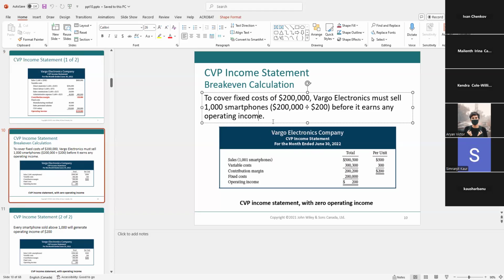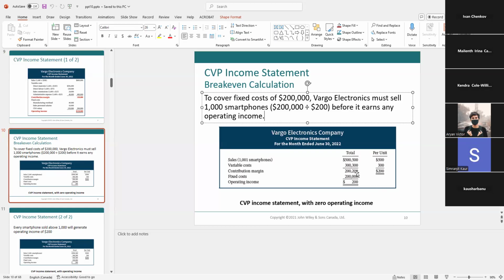In this case, that's very easy to calculate because we need to generate 200,000 to match the fixed cost divided by $200 per contribution margin we generated from one unit. That means we have to sell 1,000 smartphones. Once we're selling 1,000 smartphones, we're going to be at the break-even.